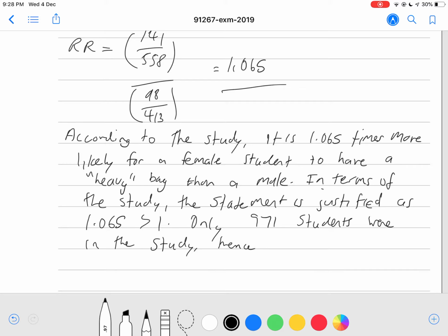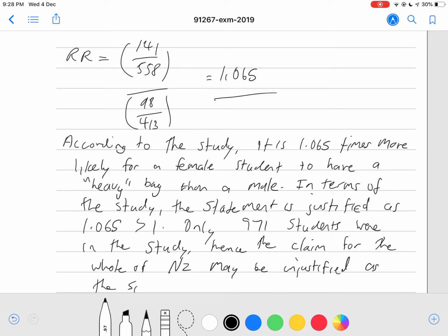Hence, the claim for the whole of New Zealand may be unjustified, as the sample size is not very large.